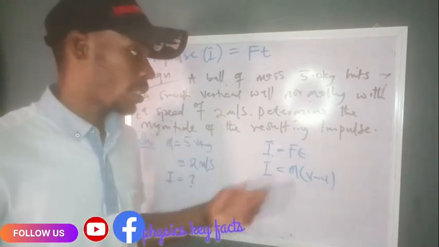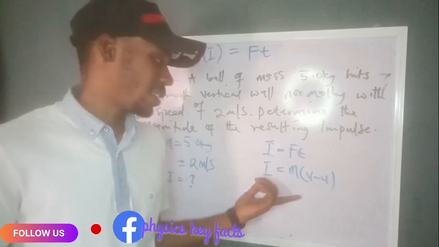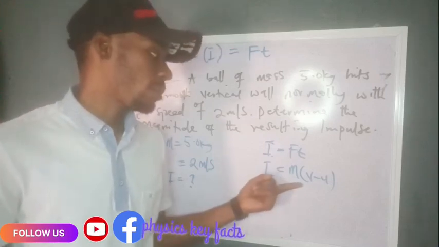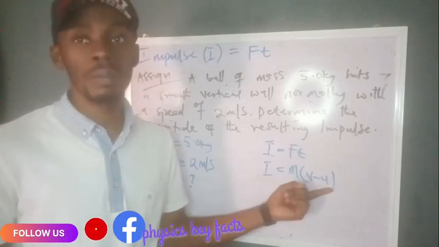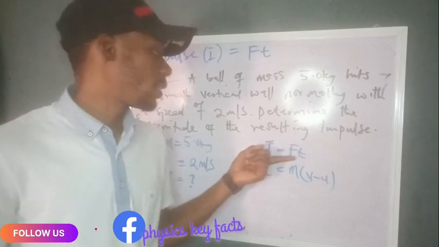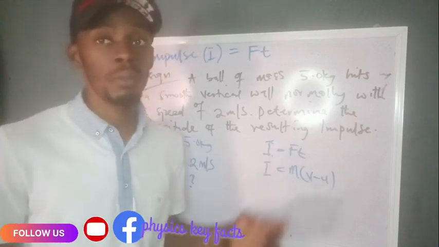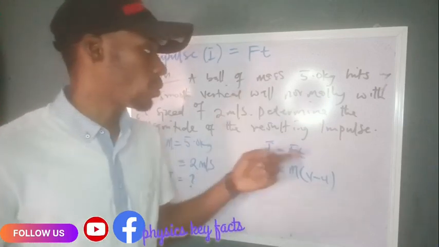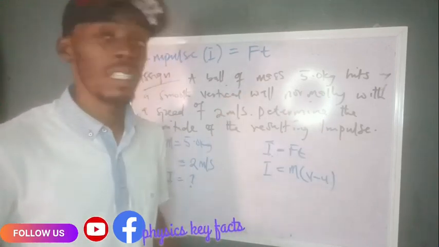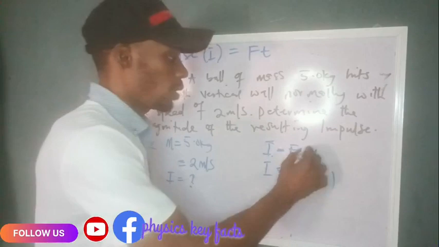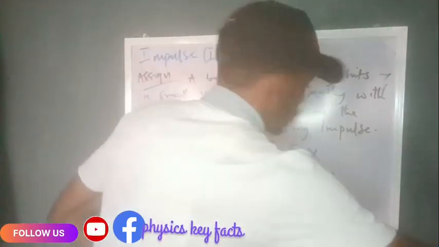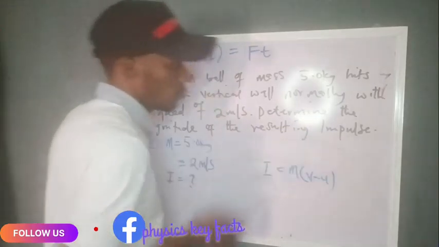So we can simply deduce that the second formula for impulse is what we use, that I equals m times v minus u. In the first formula, there is force and time, but we do not know what force is or what time is. From the question, it wasn't given. So it clearly indicates that we are not using this formula, we are using the other one, so we can wipe it out.